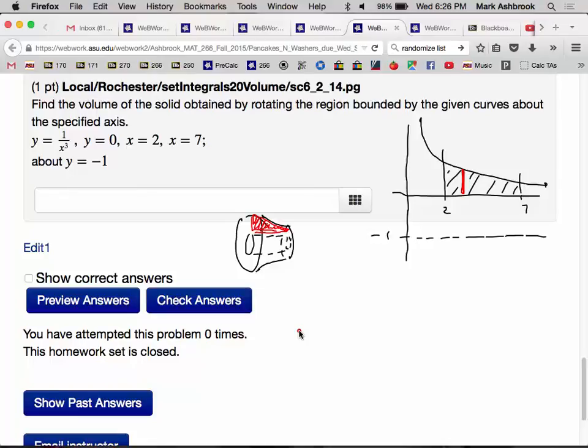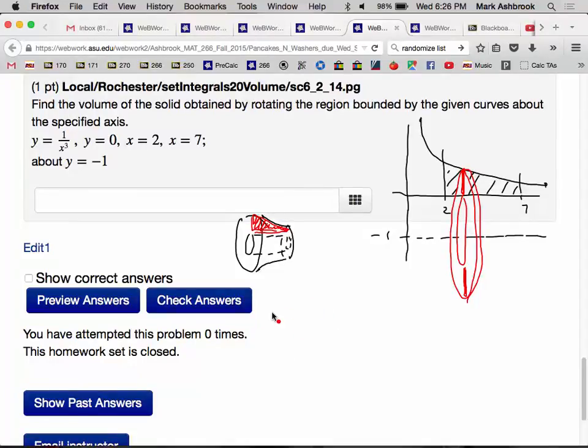Okay. So then, when you rotate the strip, you'll get a washer. So we're going to add up a bunch of those.